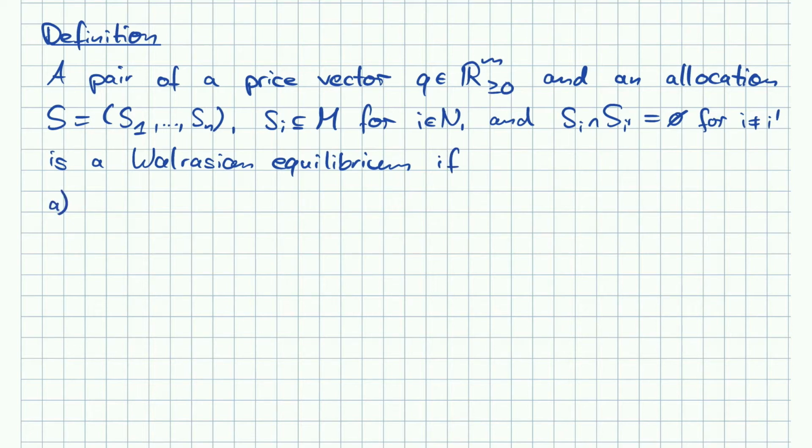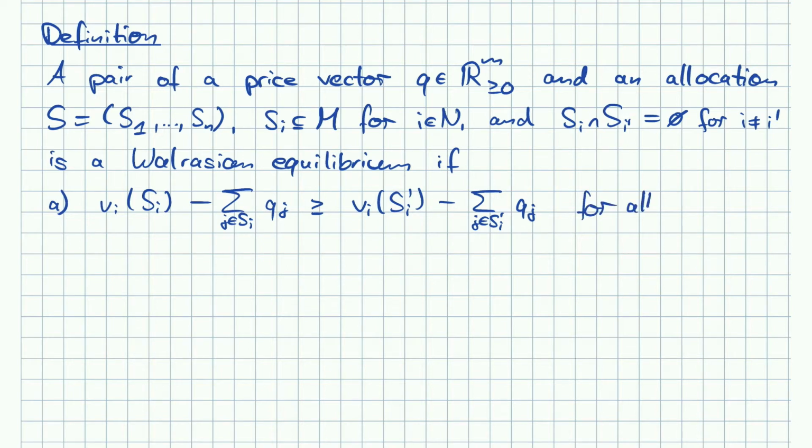The first one is that Vi of Si minus the sum of all j in Si of qj, this is at least Vi of Si prime minus the sum of all j in Si prime of qj, and this should hold for all Si prime which are subsets of the items.